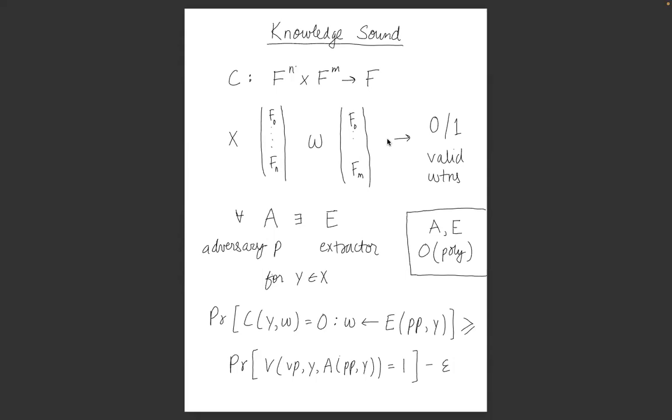What E does is extract the witness from the prover. So in the statement, the probability, given some circuit which takes statement Y and witness omega, that the extractor can extract the witness should always be greater than the probability that the malicious prover can convince the verifier that he knows the valid witness, minus some negligible probability.